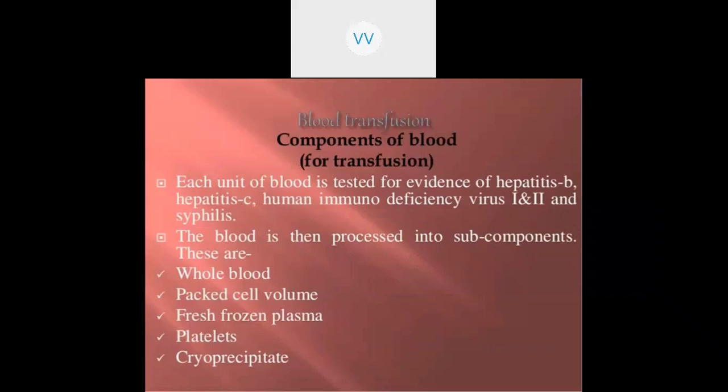That blood you can administer to 8 members, in the form of different subcomponents: whole blood, PRBC (packed cell volume), FFP (fresh frozen plasma), platelets, and cryoprecipitate. These are the 5 forms. You can administer them to the recipients.